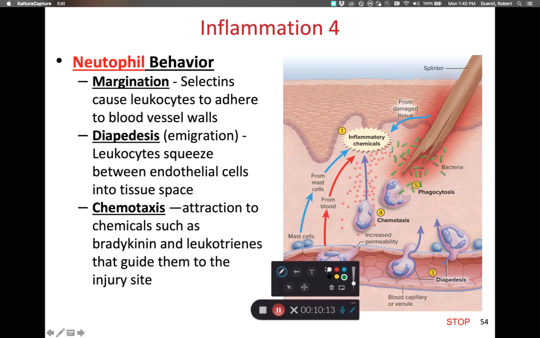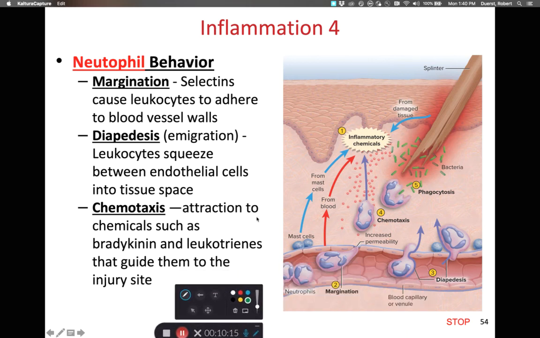So let's talk about neutrophils at the site of inflammation. At the site of injury, let's say you have a splinter of wood stab you in the skin. It punctures through the skin and introduces lots of bacteria. Those bacteria and damage from the tissue cause signals to be released. And we're going to have some inflammatory chemicals at the site of tissue injury.